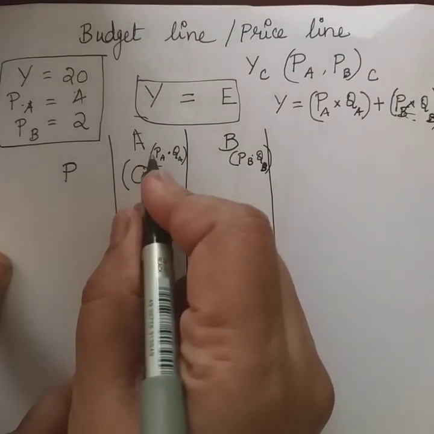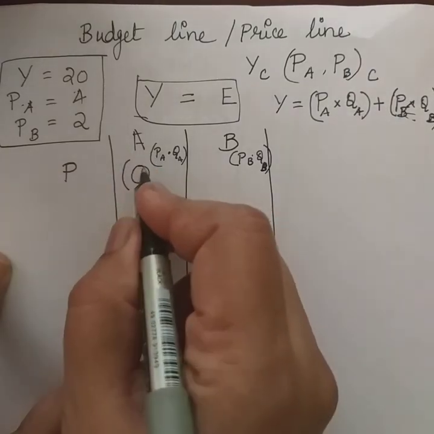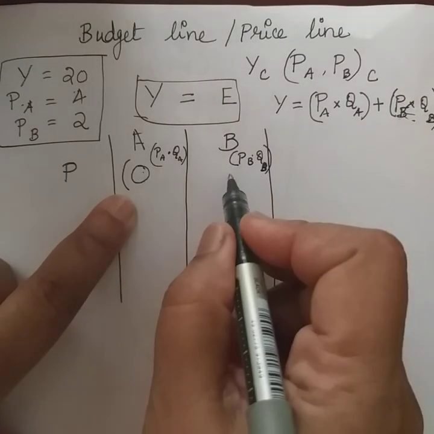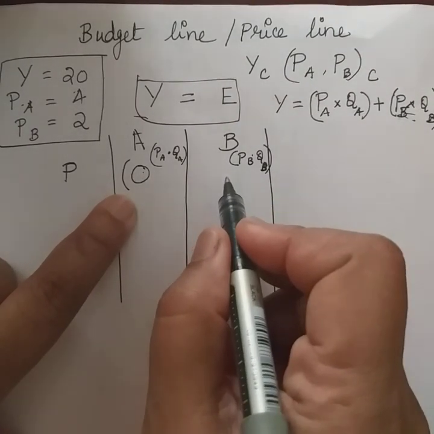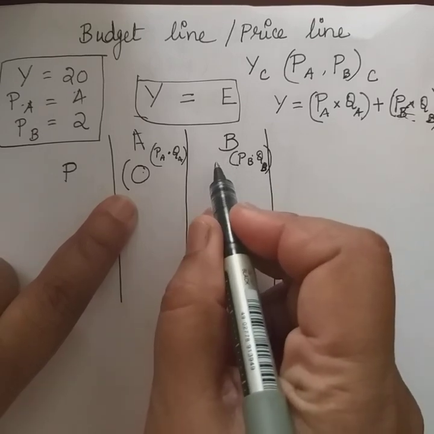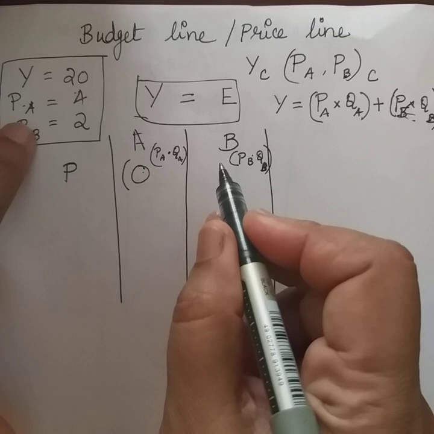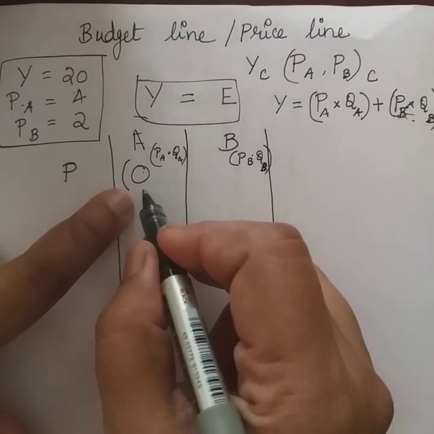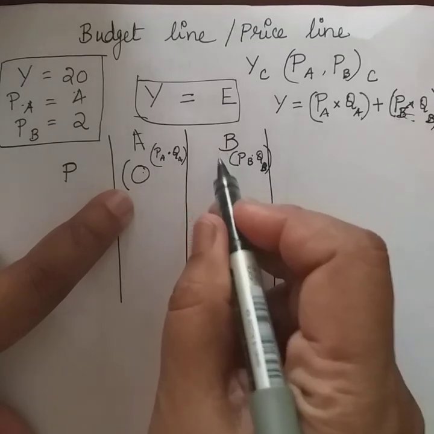So this is one extreme case where the consumer is not going to have any units of apples and wishes to spend the entire income on the other commodity, which is B. So as per this example, nothing is spent on A, everything is spent on B.